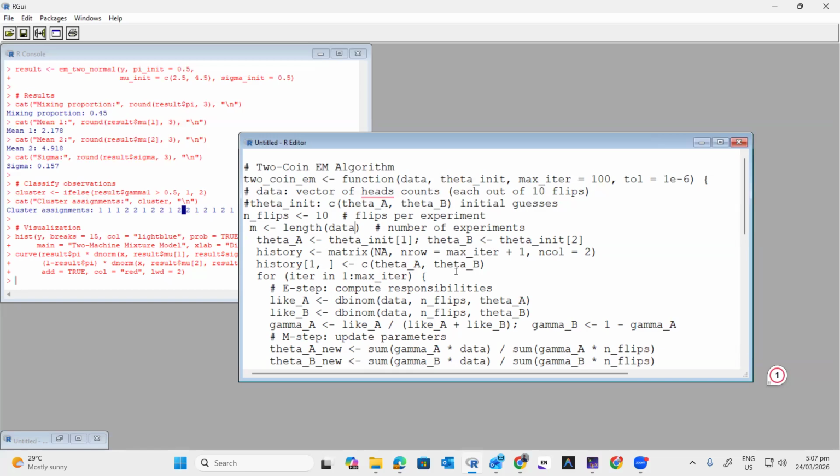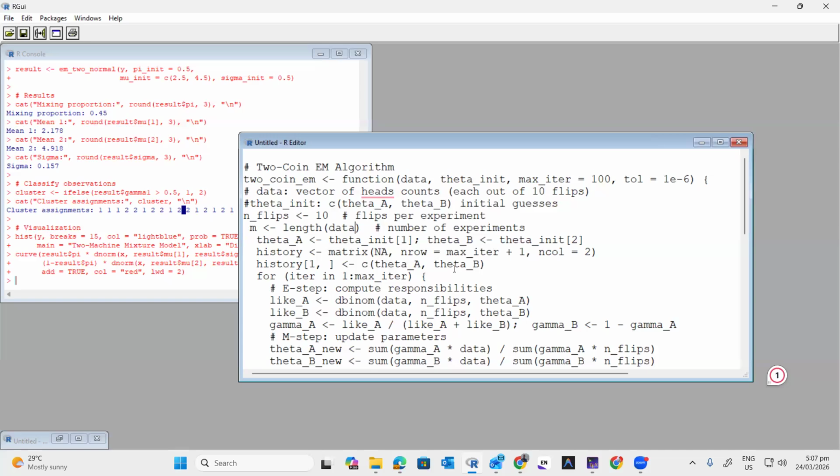So in this one we will extract the initial value. This will create a matrix with maximum iteration plus one rows and two columns, and fill it with missing values as NA.